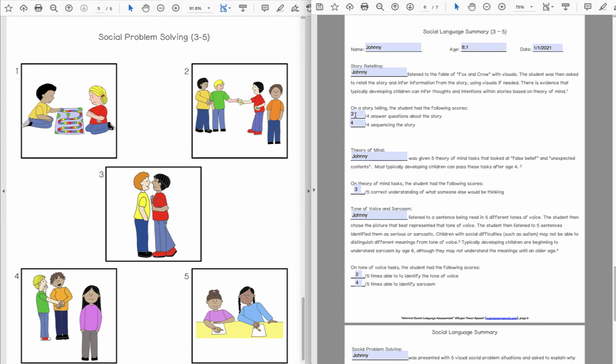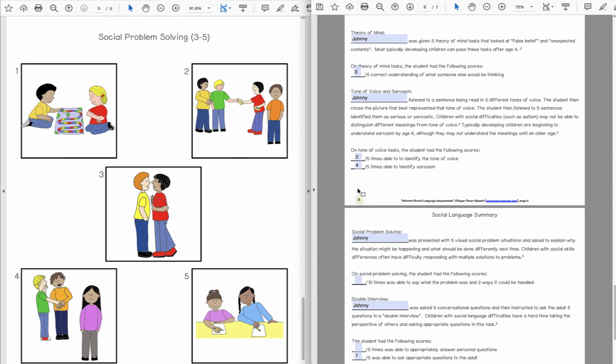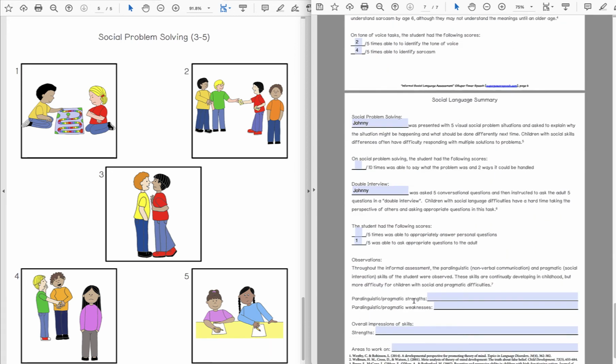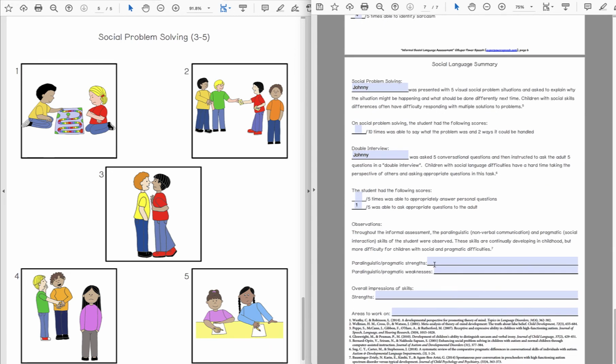And it also automatically filled in the scores as I was typing them in. So he got 3 out of 4 on this and 4 out of 4 on this, 3 out of 5 on this. Obviously, I didn't put an answer in here or it would have transferred over. And then I'll go through my observations and I'll put in any strengths that I observed with the student, as well as weaknesses. What are some areas that the student still needs to fill out?